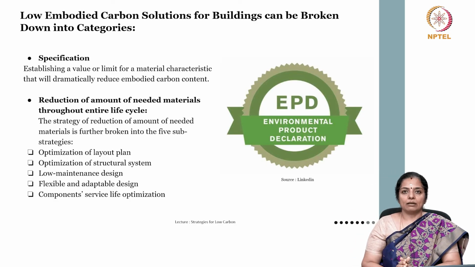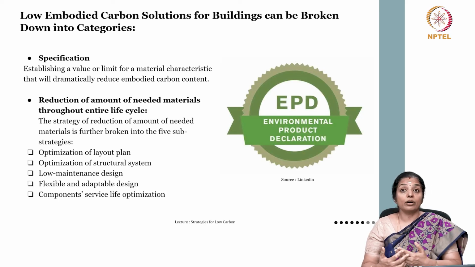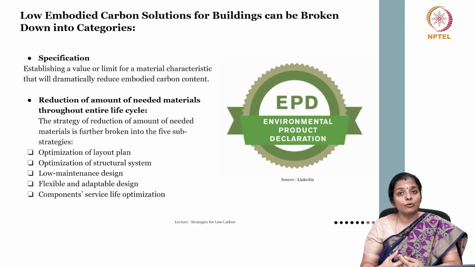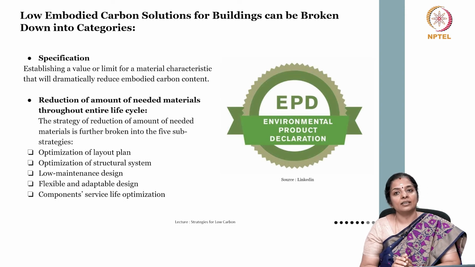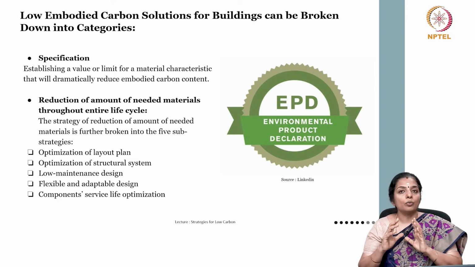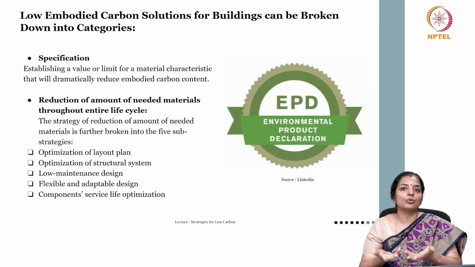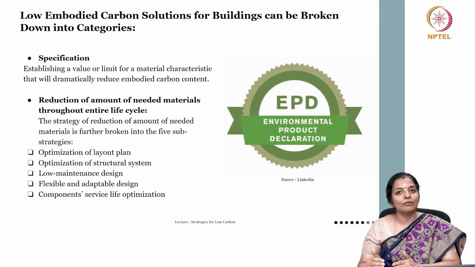During COVID times, our houses were not equipped for work from home culture or study from home culture, and people were really struggling with spaces. But if we had flexible and adaptable design, then it would have been so much easier to make a house adapt to that condition and enable work from home or study from home.